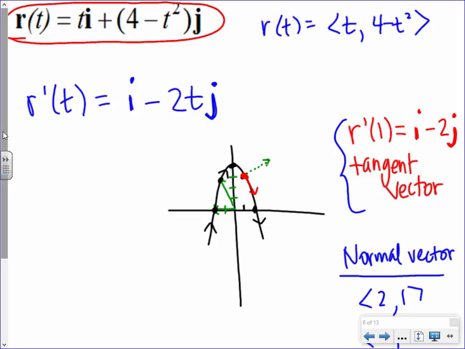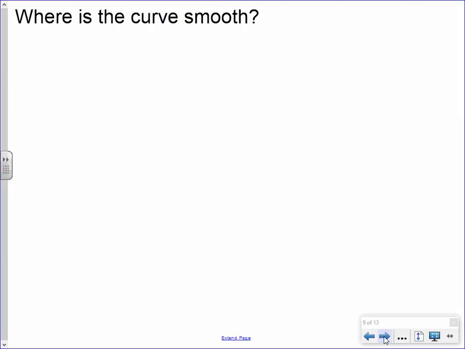All right, let's go ahead and revisit the concept of a curve being smooth. When we were talking about parametric equations, Sean, what did it mean if our curve was smooth? It was differentiable at all points.